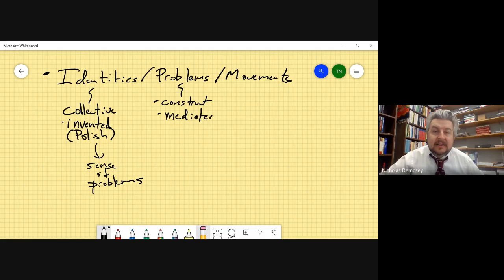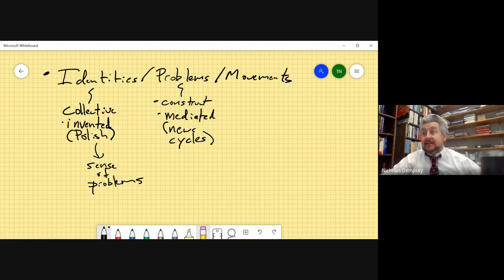And an important point to remember is that they're mediated, in the very specific sense that the media present them to people. Here we're talking specifically about news cycles. It's interesting to watch right now.